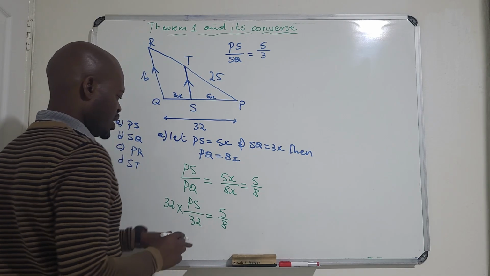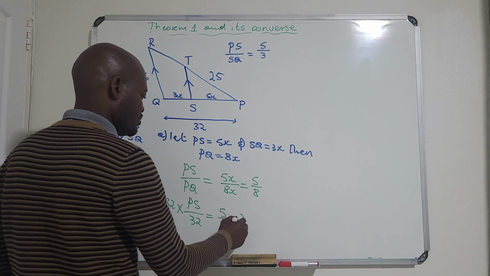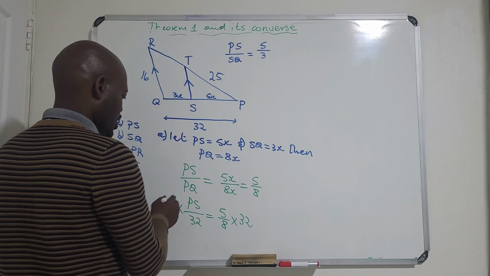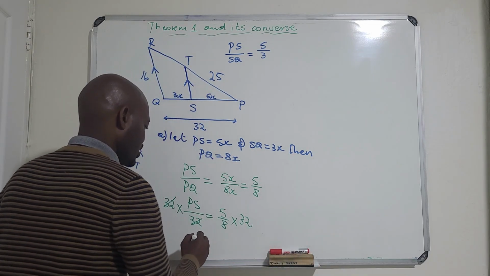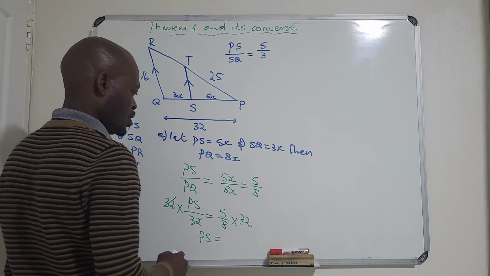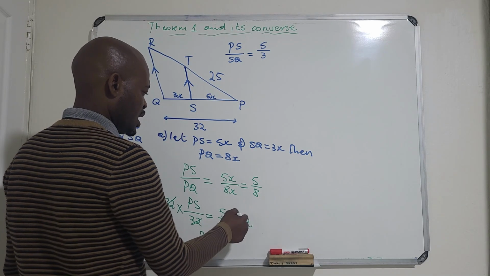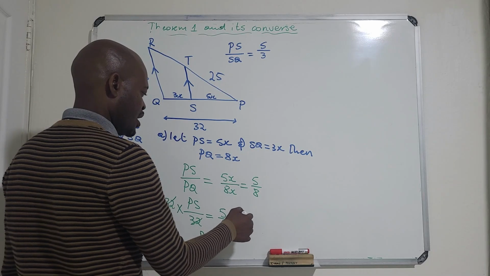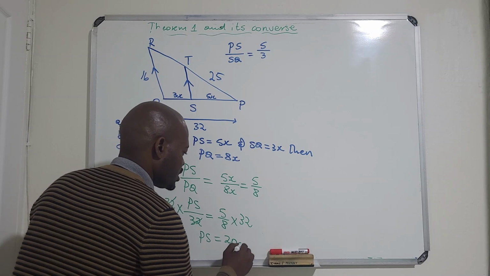In mathematics, whatever you do on the left, you must also do on the right, times 32. Therefore, this cancels with that. We are left with PS equal to, 8 goes once into 8, and into 32, 8 goes 4 times. 4 times 5 is 20 centimeters.